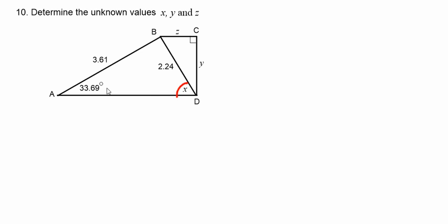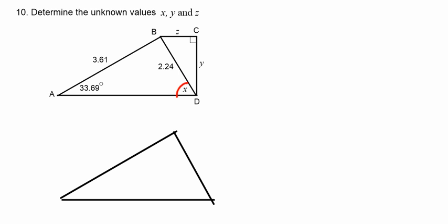X is part of a triangle, so the ABD triangle, and let me recopy the ABD triangle as best I can. Heck, I'll use my fancy tool. So ABD looks something like this, close enough. We'll live with it, right? And I know a few things. For example, I know that angle A is 33.69 degrees, and I know that the opposite side, which would be side A, is 2.24.